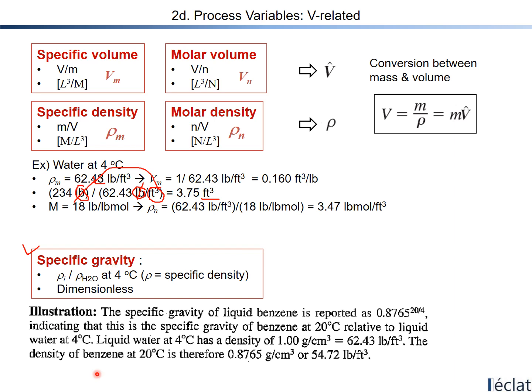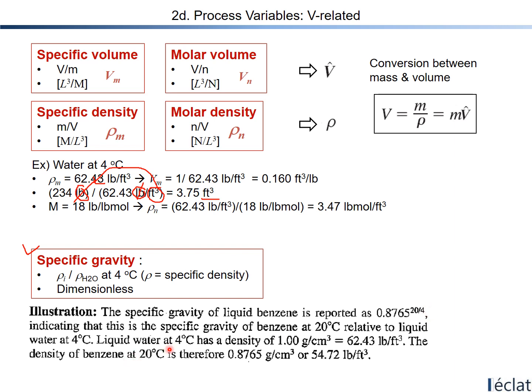Here is one example. The specific gravity of liquid benzene is reported as 0.8765 with subscript 20 per 4. What does it mean? Indicating that this is the specific gravity of benzene at 20 Celsius degree. Per indicates relative to liquid water at 4 Celsius degree.